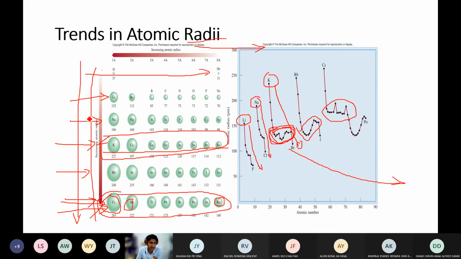So maybe here is 3s, and then 3p is here, or 3d is here as well, and that is why, to house those electrons in 3p and 3d, this becomes a little bit bigger. Then after 3d, it decreases again. So that is why there are ups and downs here.